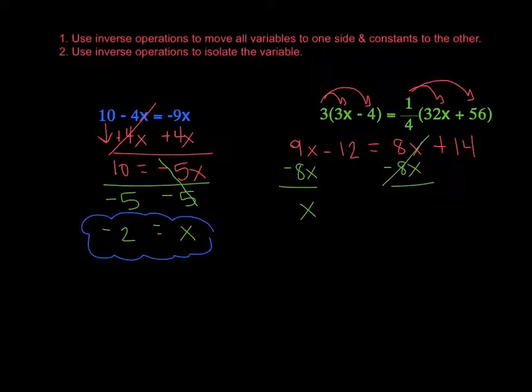Then I'm going to deal with my constants. Well, if I moved my x's to the left, that means I need to move that negative 12 to the right. So the opposite of minus 12 is plus 12. So I'm going to add 12 to both sides. When I do that, my positive and negative 12 cancel, and 14 plus 12 is 26. So that means that x must be equal to 26.